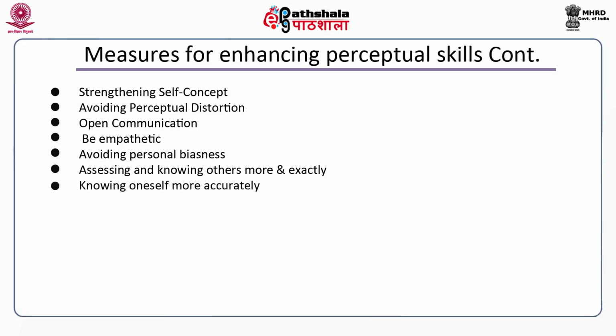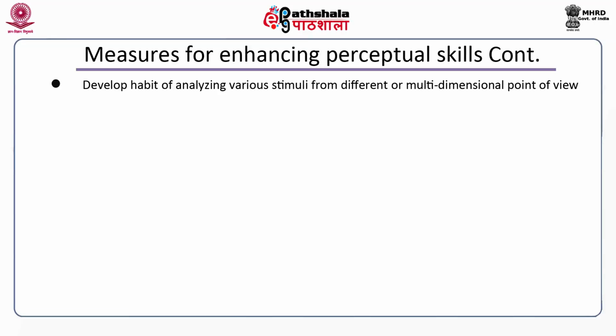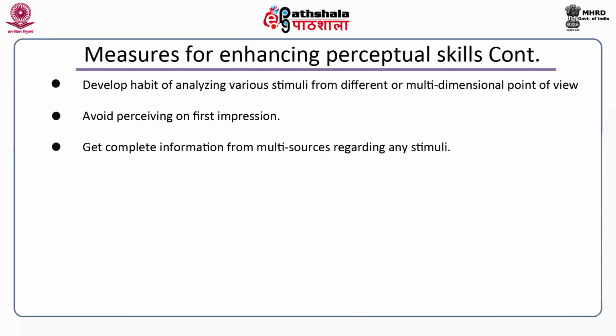Number 7, knowing oneself more accurately. Number 8, develop the habit of analyzing various stimuli from different or multi-dimensional points of view. Number 9, avoid perceiving on first impression. Number 10, get complete information from multiple sources regarding any stimuli.